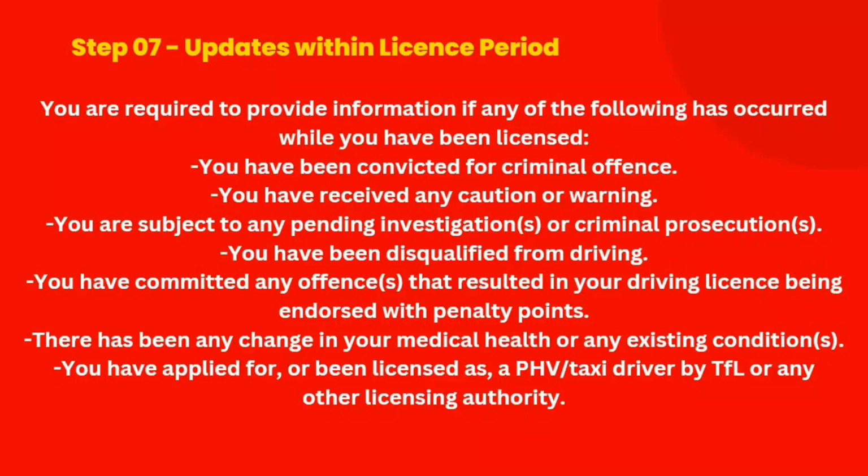You have been disqualified from driving. You have committed any offenses that resulted in your driving license being endorsed with penalty points. There has been any change in your medical health or any existing conditions. You have applied for or been licensed as a PHV/taxi driver by TfL or any other licensing authority.